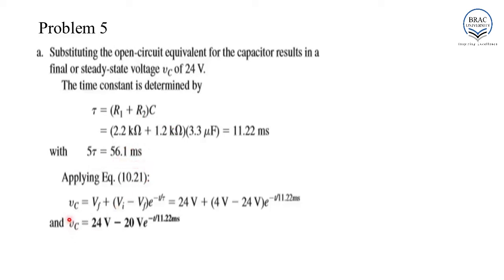Now, applying the equation, we know that Vc equals Vf plus (Vi minus Vf) e to the power minus t by tau. Using the values which we have already obtained, the equation for Vc will be equal to 24 volts minus 20 volts e to the power minus t by 11.22 milliseconds.